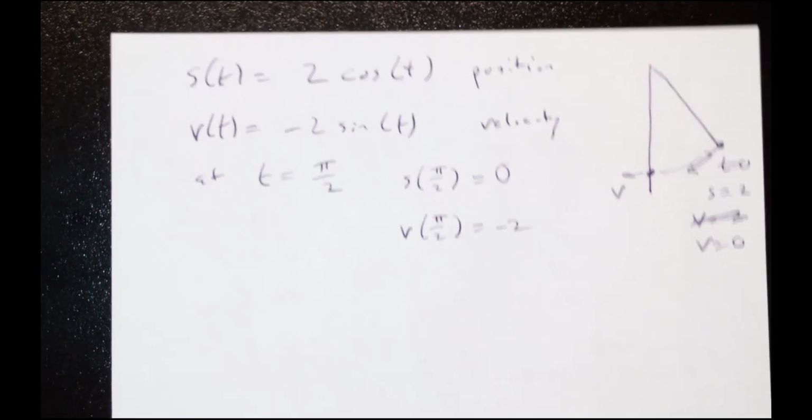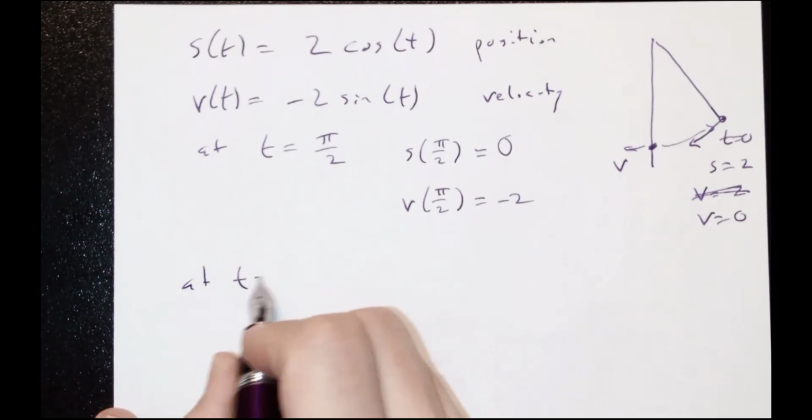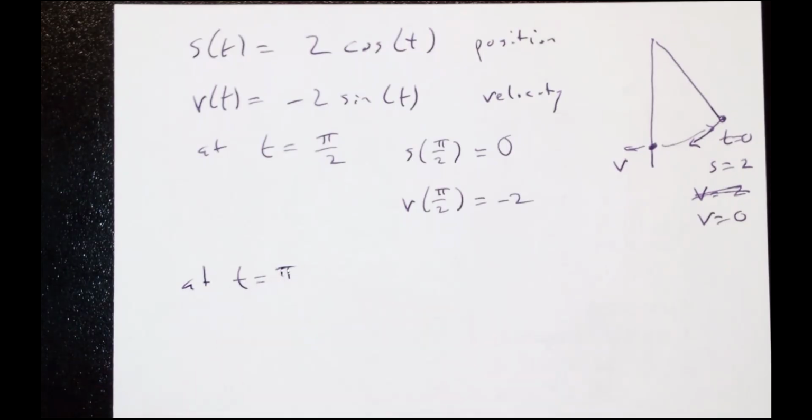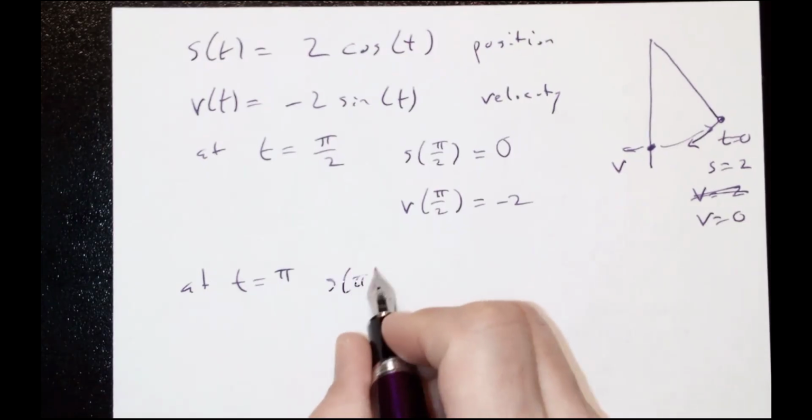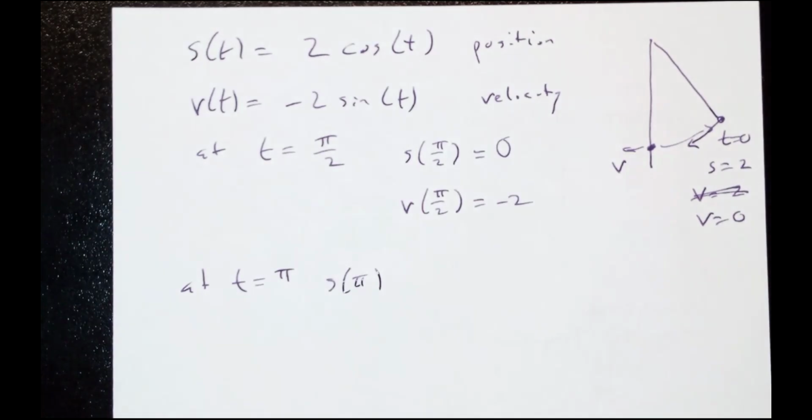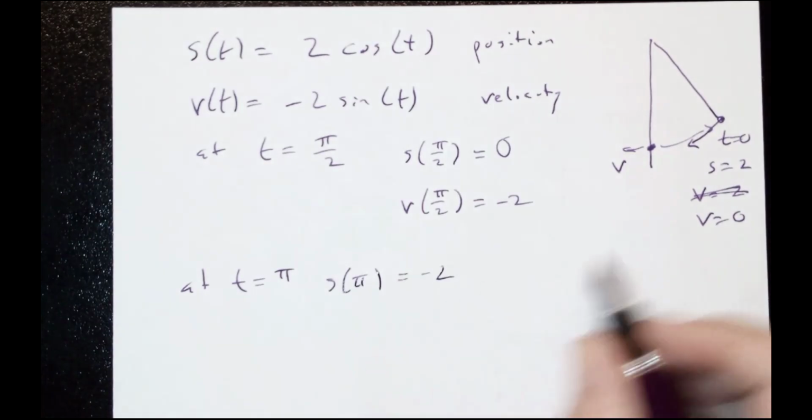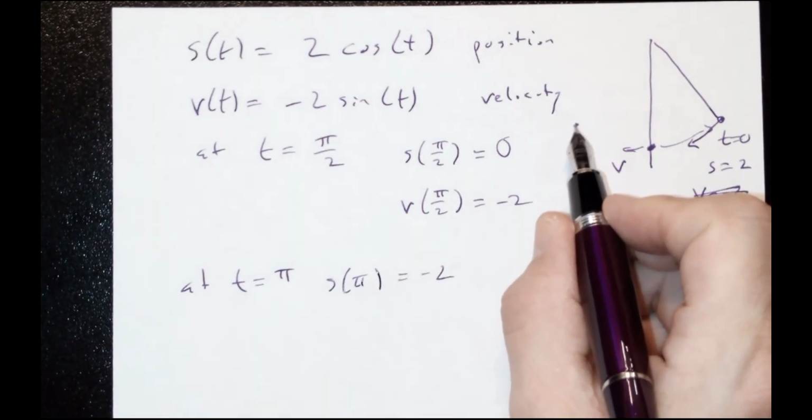When I get to time pi, 3.14 seconds, where am I? S of pi, 2 cosine of pi. Cosine of pi is -1. We're at -2. We've made it over here.